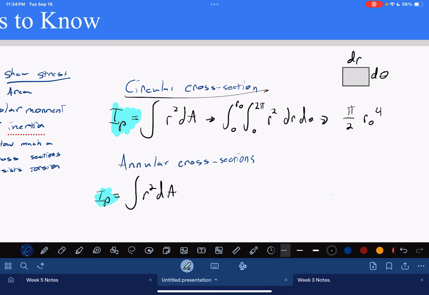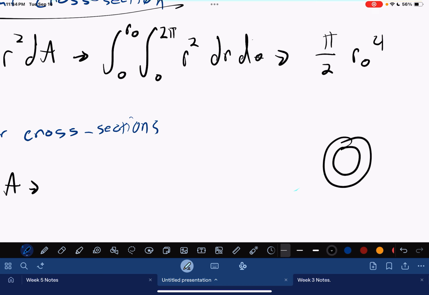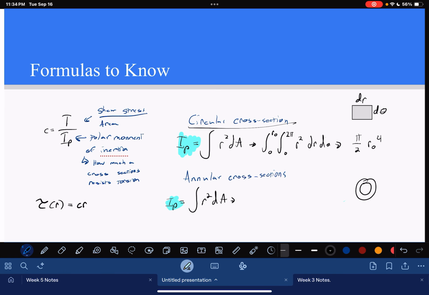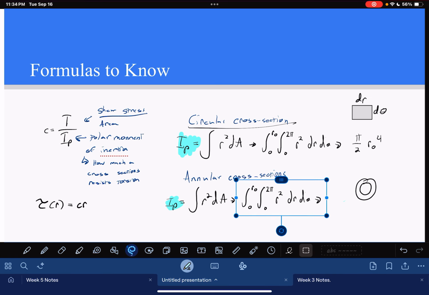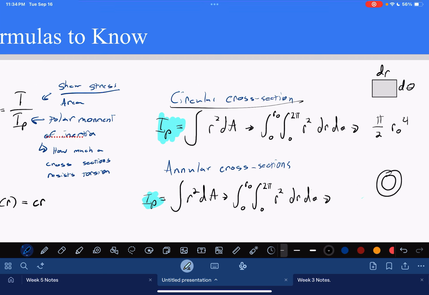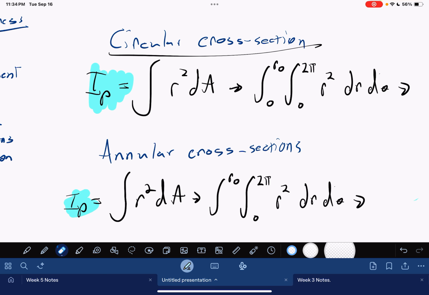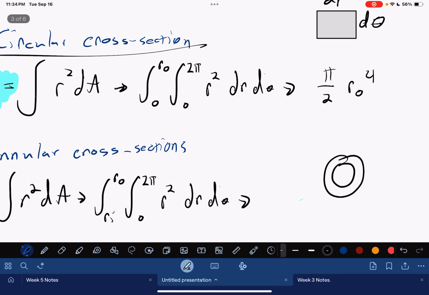So there's that. Then over here we have the same thing, but if you think about it, the only thing we're integrating over is from the inner distance to the outer distance. So we have the same integral, but instead we're integrating from the inner radius to the outer radius.